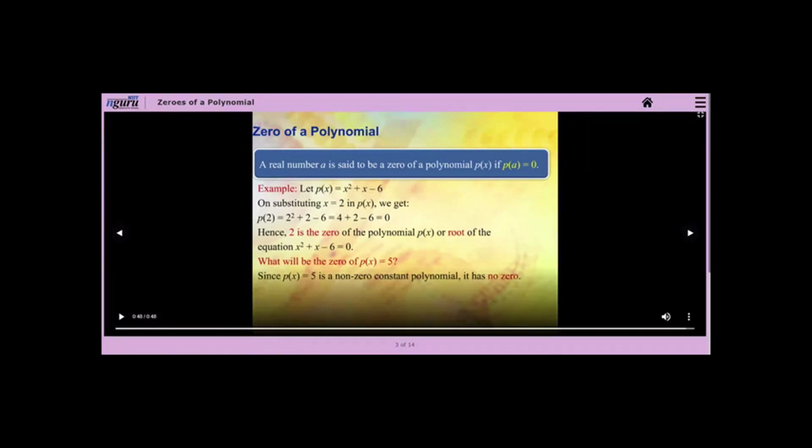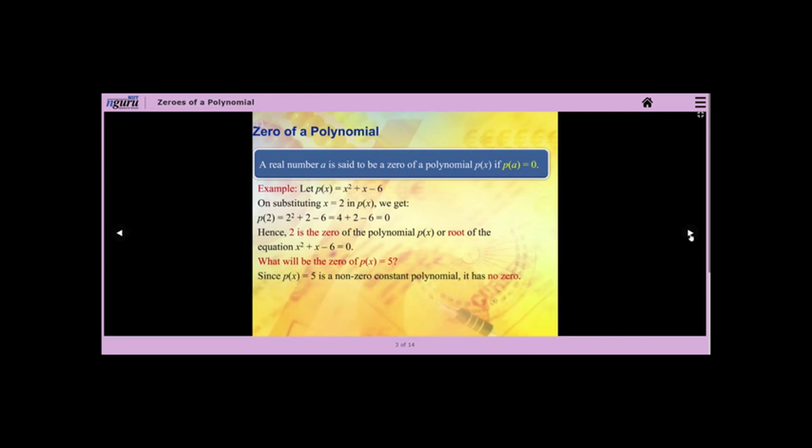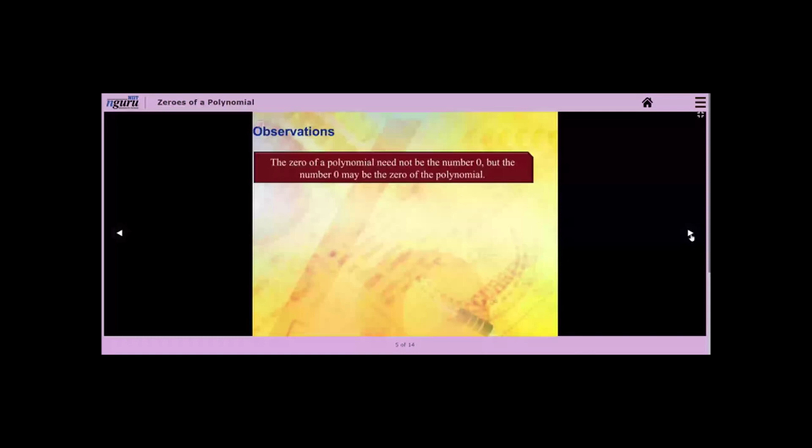Can you make 5 into 0? No, not possible. So it has no zero. To obtain zero of a polynomial, first equate the given polynomial to 0. Then obtain the corresponding value of x. So equate it to 0 and get the value of x.